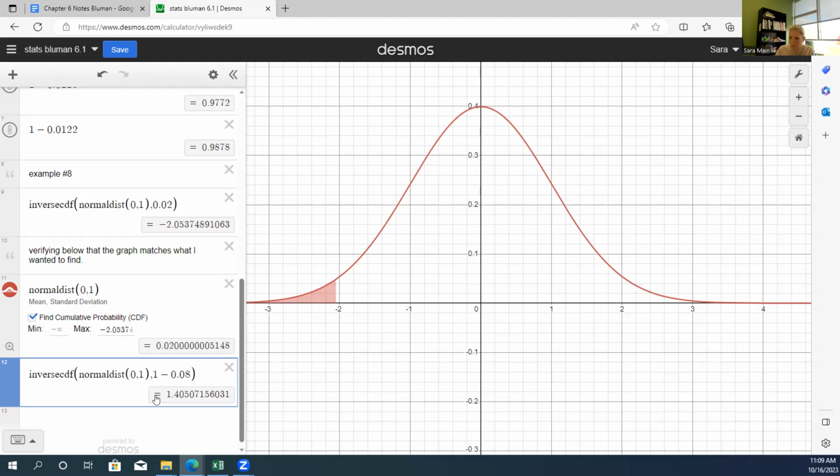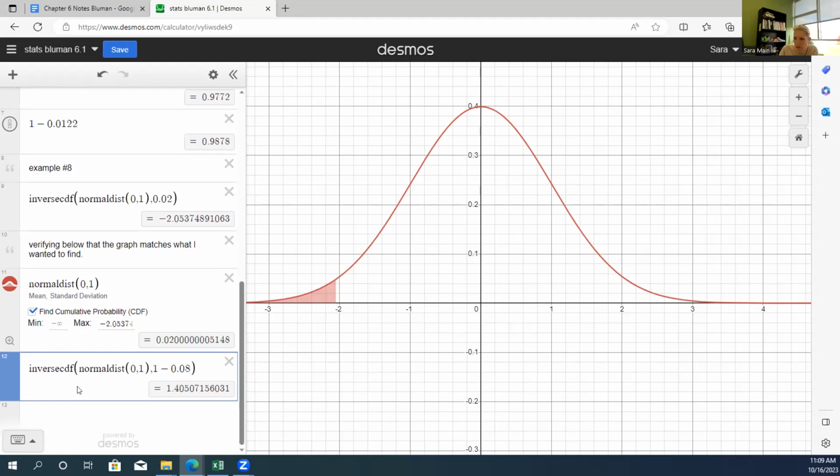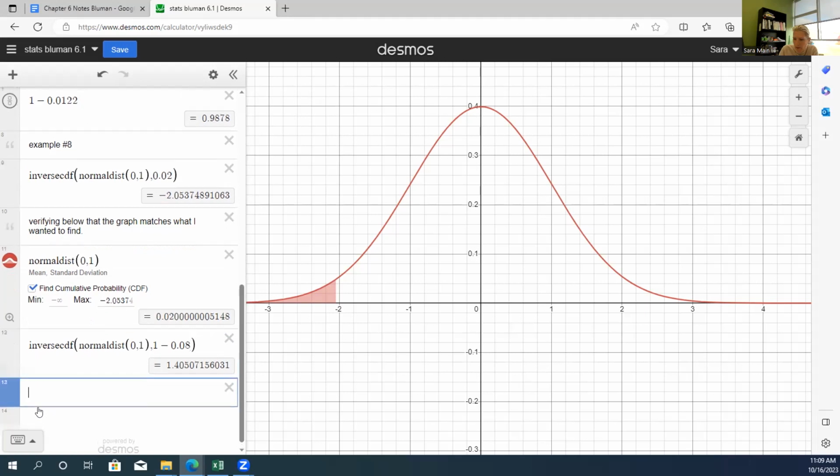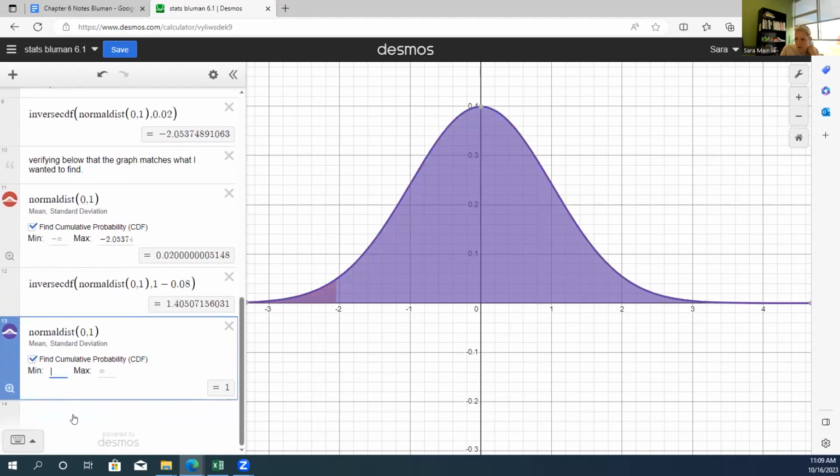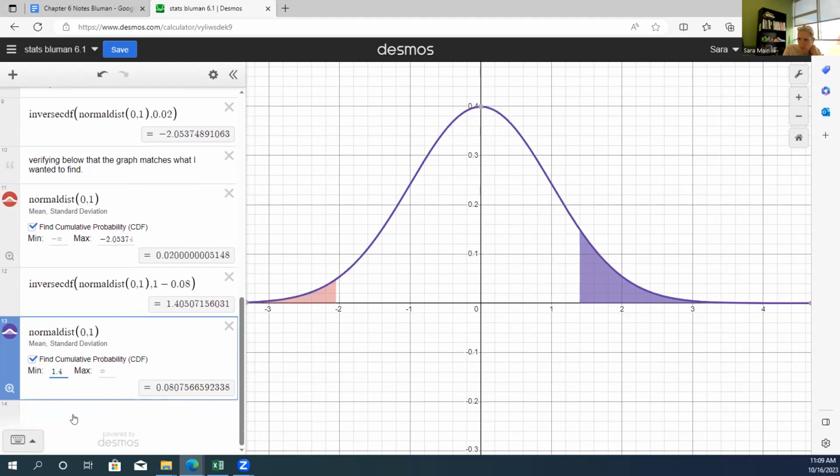And again, we can verify that if we were to put in the normal curve and start at the 1.41 and go to infinity, it would give us 0.079.